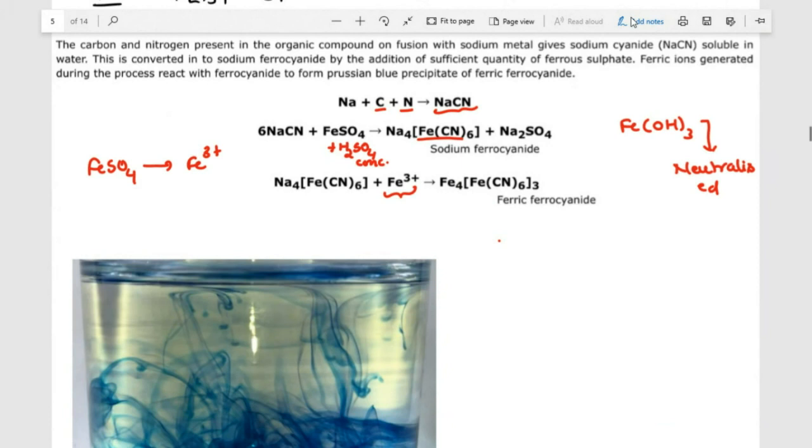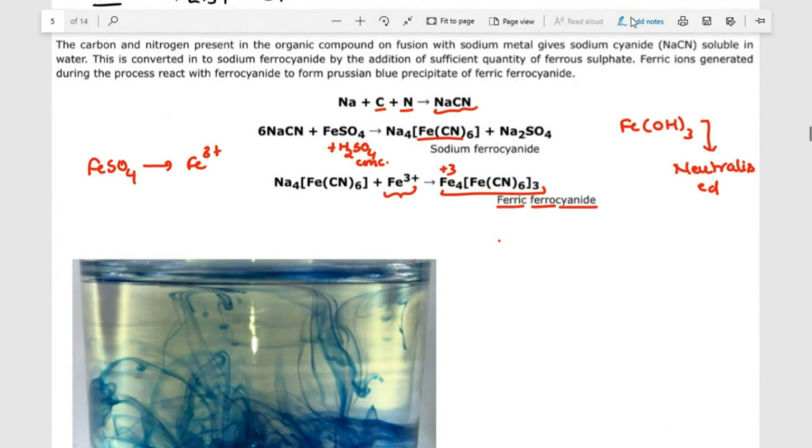Fe3+ and Na4[Fe(CN)6] together will form Fe4[Fe(CN)6]3. This Fe4[Fe(CN)6]3 is called ferric ferrocyanide.